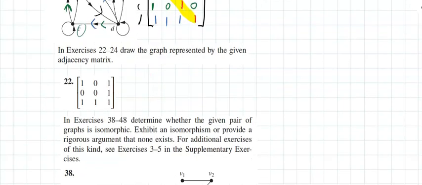Almost done. Draw the graph represented by the given adjacency matrix. Okay, now we want to do 3 of those. A, B, C. A to itself.